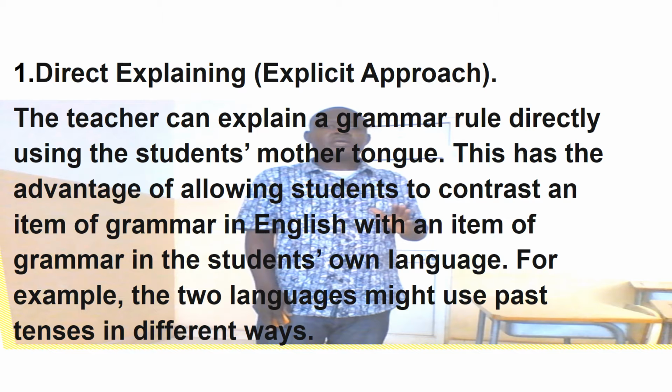1. Direct explaining, explicit approach. The teacher can explain a grammar rule directly using the students' mother tongue. This has the advantage of allowing students to contrast an item of grammar in English with an item of grammar in the student's own language. For example, the two languages might use past tense in different ways.